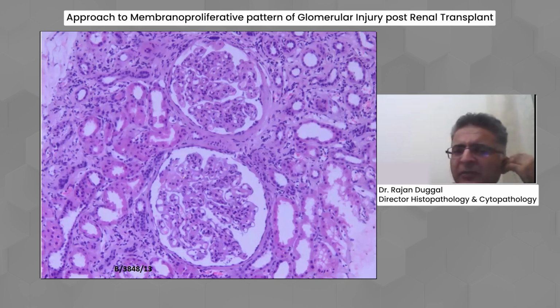Sorry. So if you look at this glomerulus here, first, can I ask you, what stain do you think this is? Is this a hematoxylin and eosin stain, is it a PAS stain, or is it a Masson's trichrome stain? Can you tell me? Anyone?